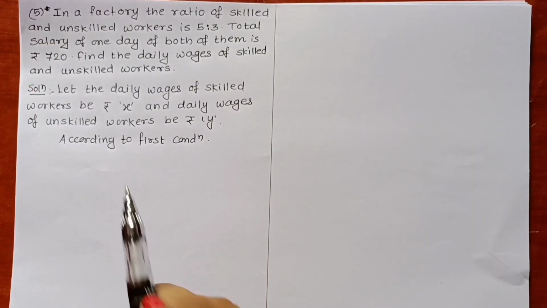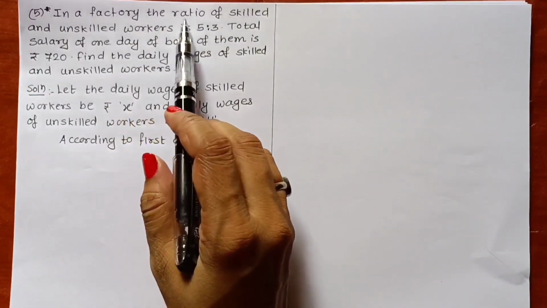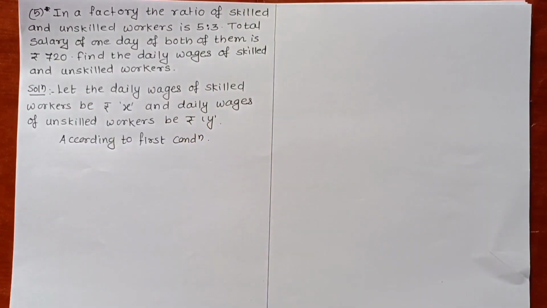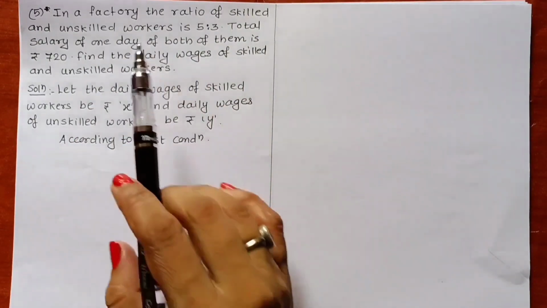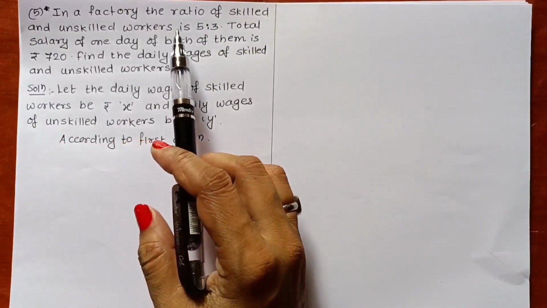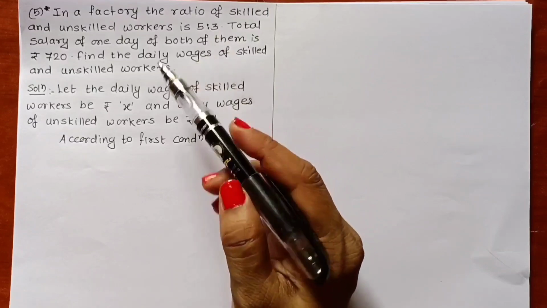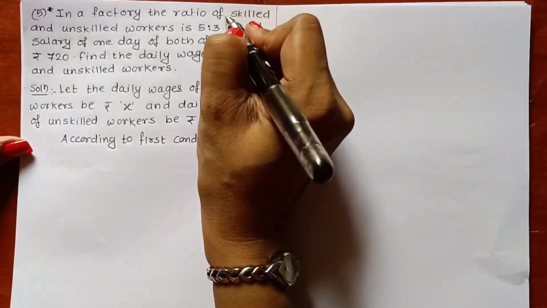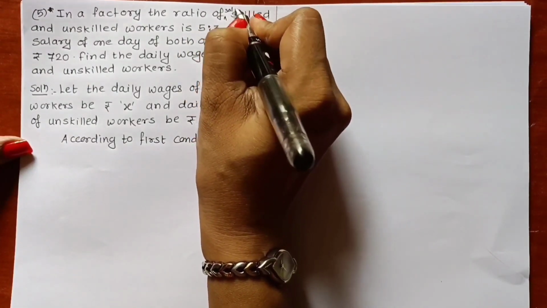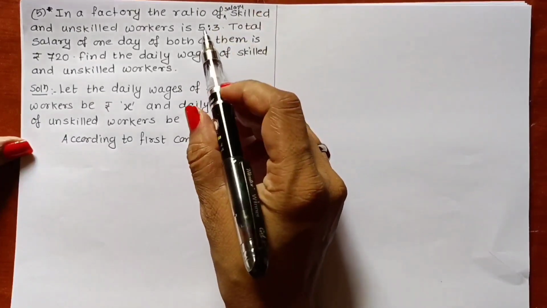First condition is, in a factory the ratio of skilled and unskilled workers is given. Their ratio is 5:3. Ratio of salary should be written here. Okay, their ratio of salary is 5:3.